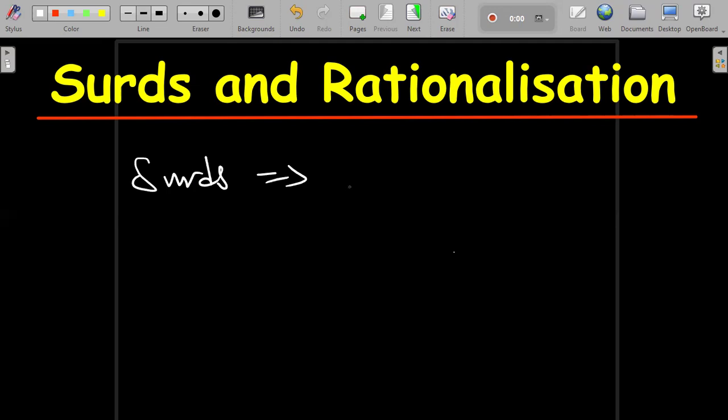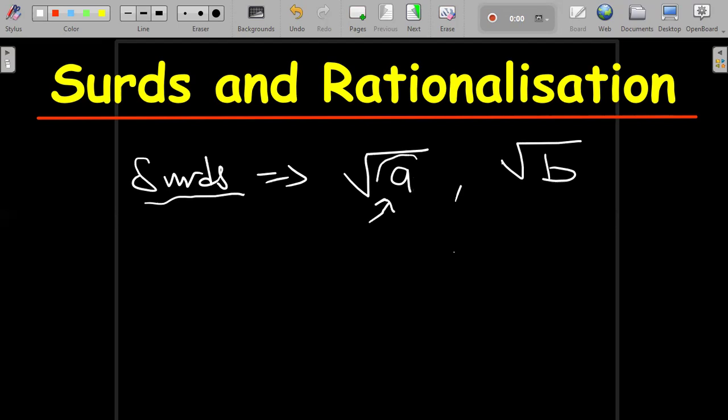But for your case, you are going to be dealing with square roots. So if we talk about a surd, we mean that we have the square root of a certain number, let's say a, or the square root of b. These are what we are calling surds.